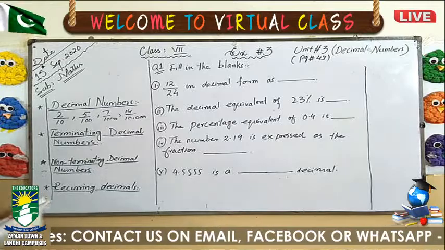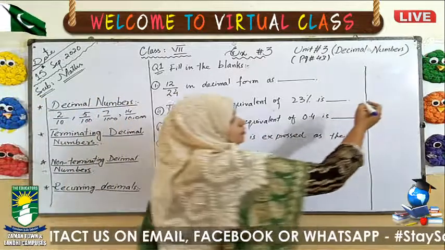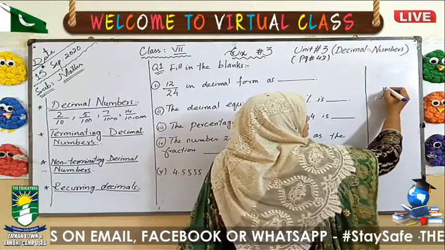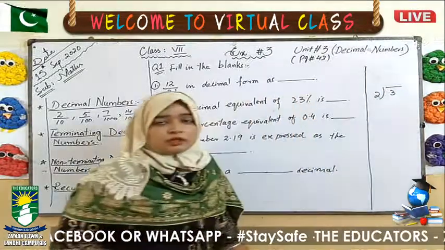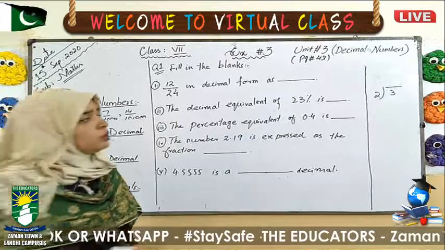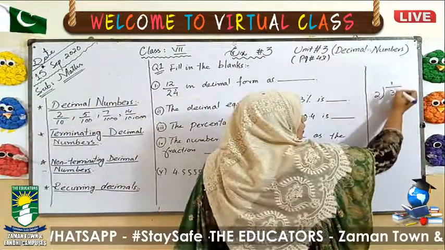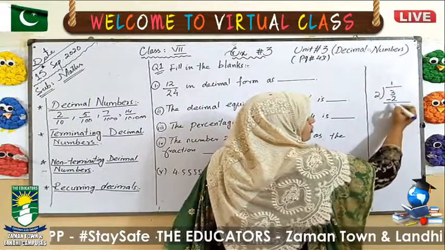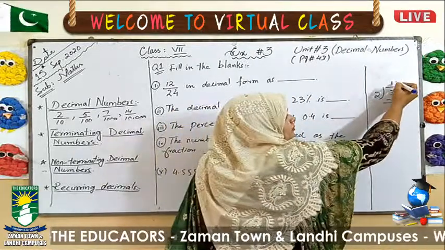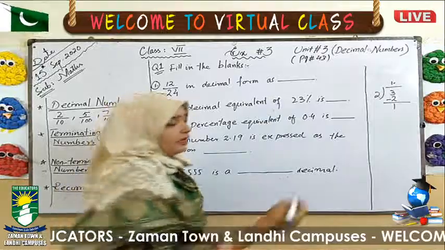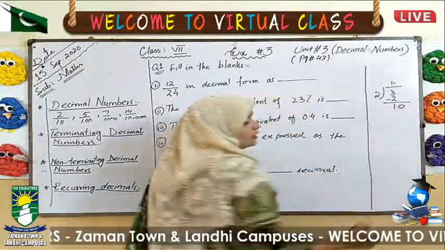What do you mean by the terminating decimal number? If you divide 3 by 2, then you will get 1 in the quotient, 2 ones are 2, 3 minus 2 will give you 1. Now, I use a decimal and then write a 0 with my remainder.